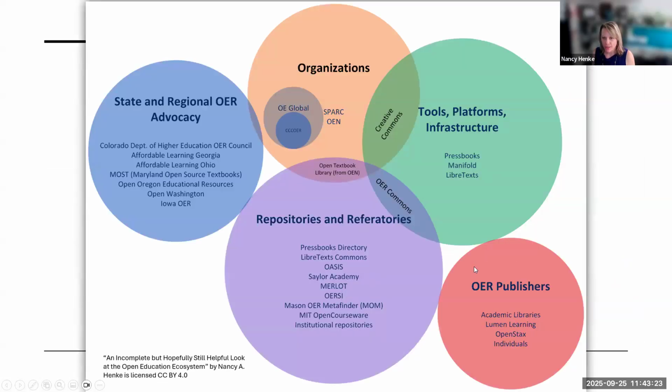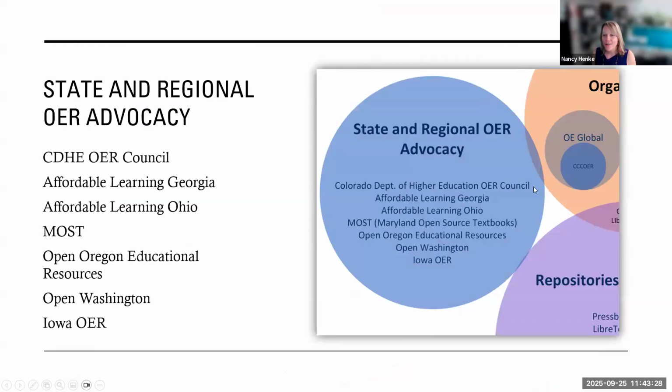Okay, so then we go back to the big picture, and then there we get state and regional OER advocacy. And there we go, Colorado Department of Higher Education OER Council is one example of many. So at the state level, different consortia, different regions, there's a lot. And again, not an exhaustive list, but there's a lot of good work happening in different states and in different regions. And in fact, if I could create this Venn diagram specifically for what I know the CDHE OER Council does, honestly, they would kind of be in the center because they would be helping facilitate access to Creative Commons courses.